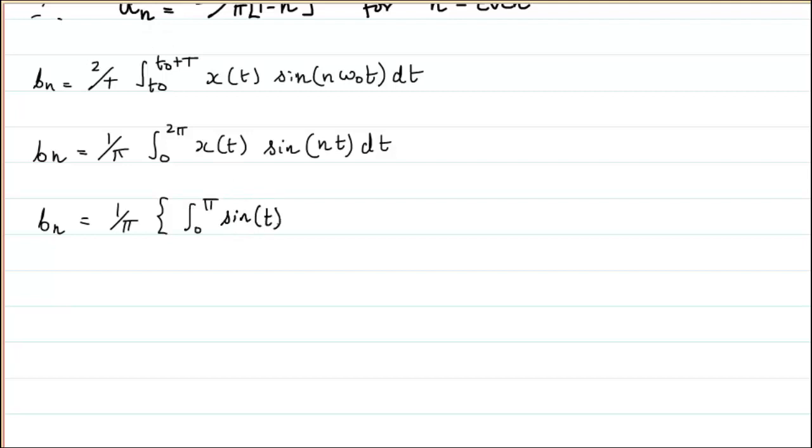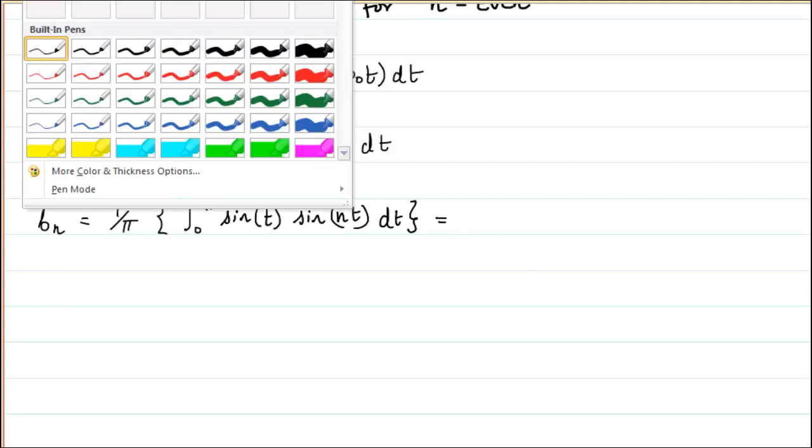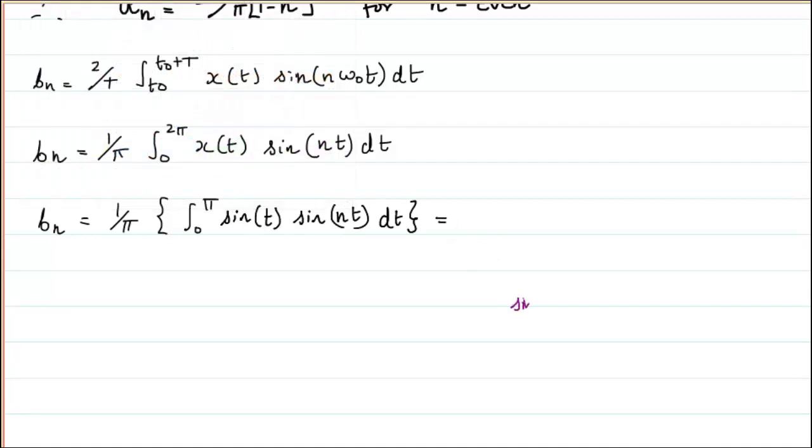It's sine t sine nt, and then the other part is 0, so I'm again not going to write that, so let this be like this, where obviously sine and sine we already know the equation, sine a sine b is cos a plus b minus cos a minus b.